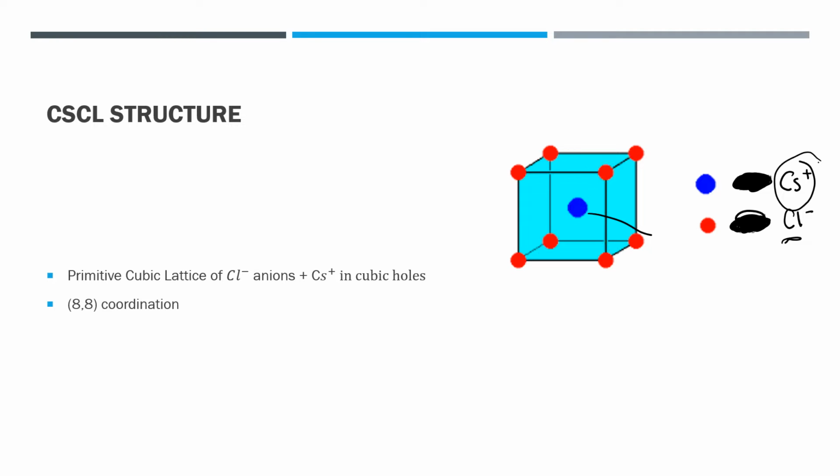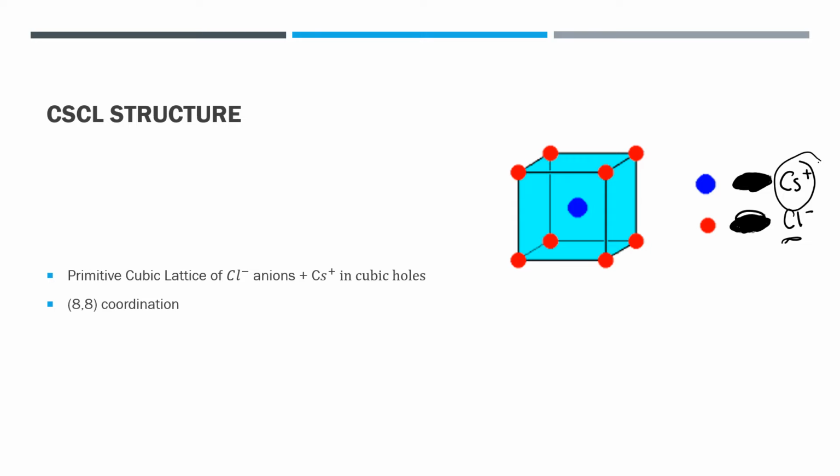Another thing that's kind of interesting is that for both the NaCl structure and the cesium chloride structure, you can switch the sodiums and the chlorides. I know I said the anion makes the unit cell and the cation will fill the octahedral holes, but technically they're exactly the same thing.